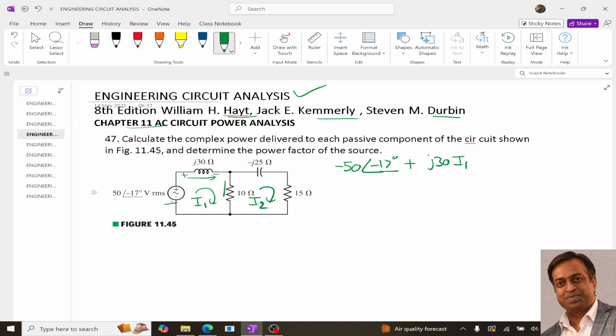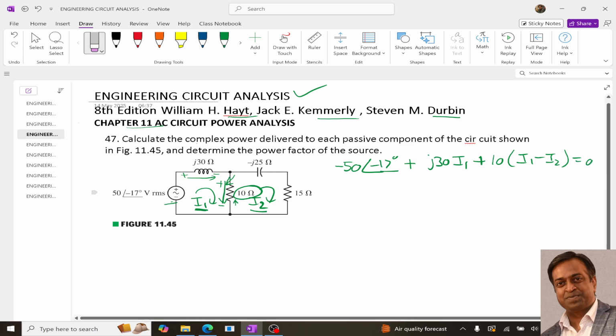Now over here there are two currents, I1 coming down and I2 coming up, so the overall current will be I1 minus I2, because we have assumed this current is coming down, plus 10 ohms, so 10 (I1 minus I2) equals 0. So this is the first equation.